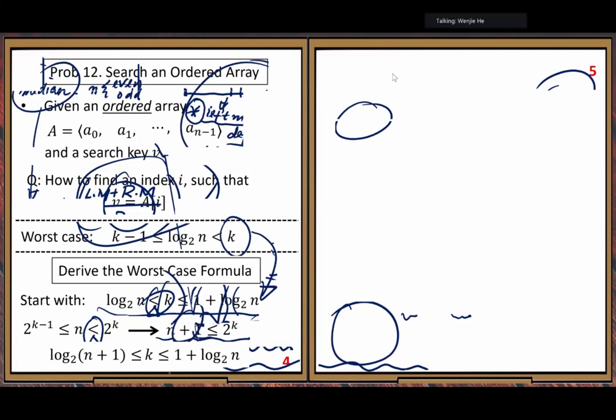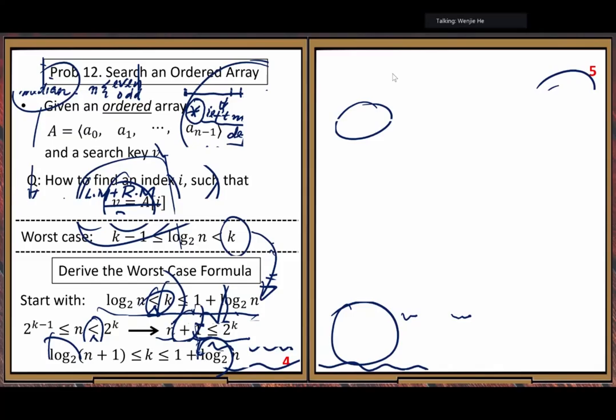But the next thing, log base 2 is not an integer expression. So we need to convert the log base 2 part to an integer expression.